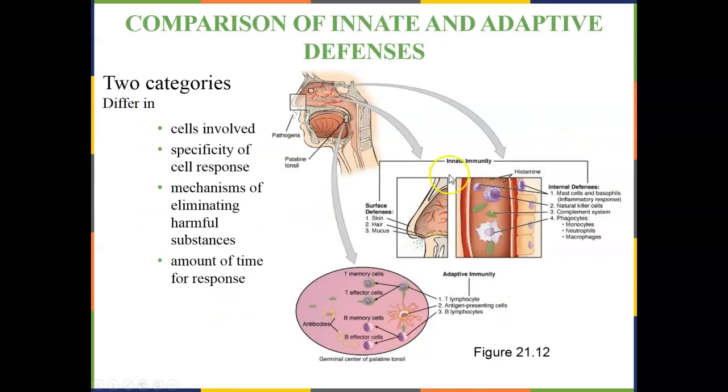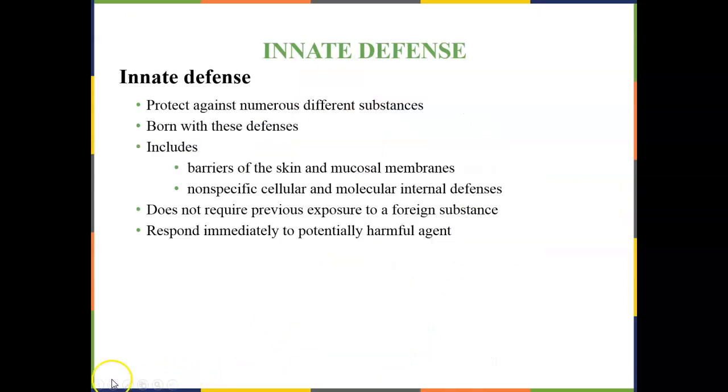Oh, and this figure, I should mention, is just showing innate defense mechanisms and then adaptive defenses, okay? I've talked a little bit about innate already. They protect us from numerous pathogens. These are the defenses we're born with.